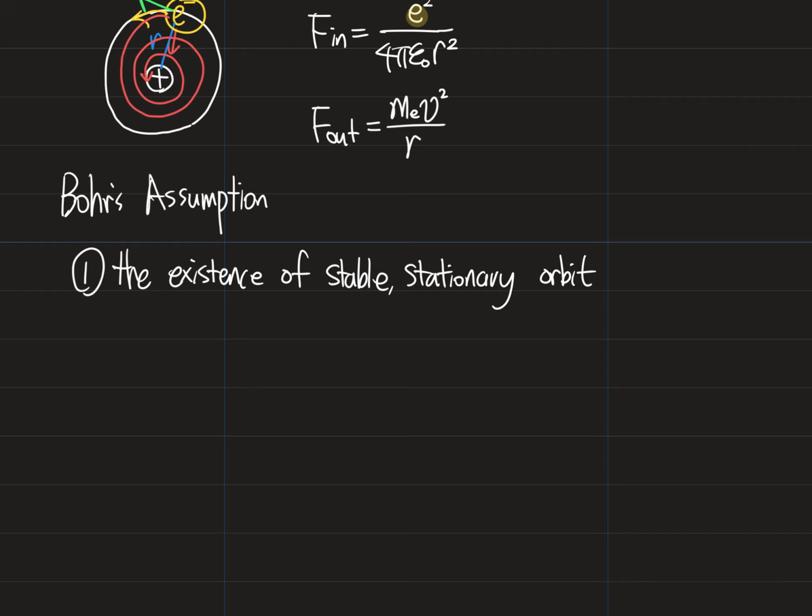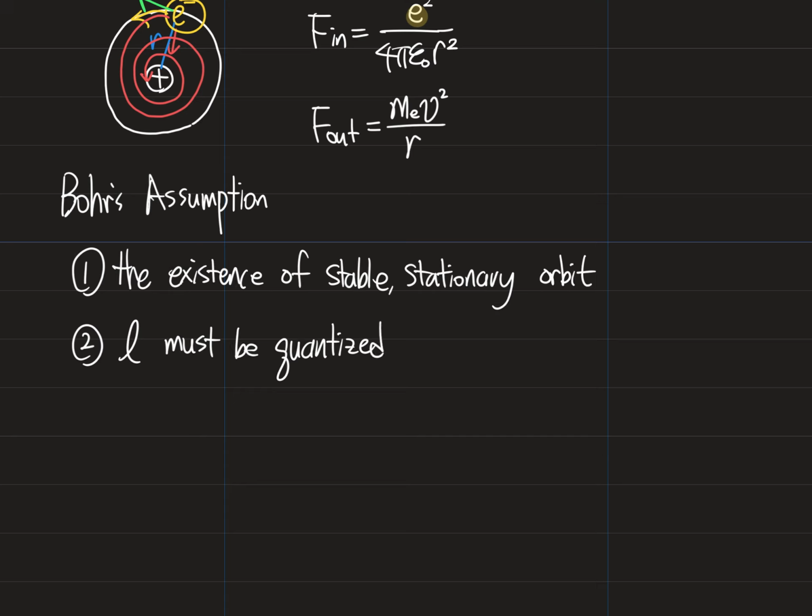Second, and most importantly, he postulated that the angular momentum of the electron, angular momentum L, in these orbits must be quantized.